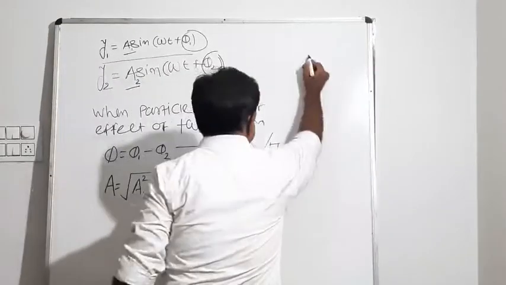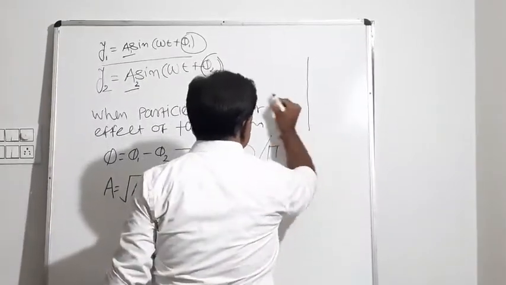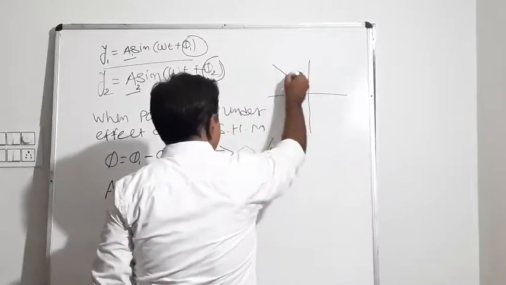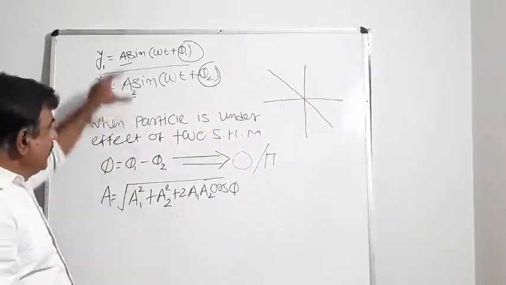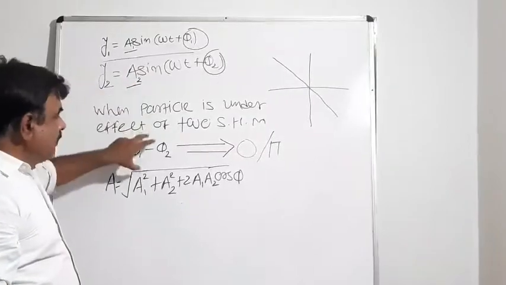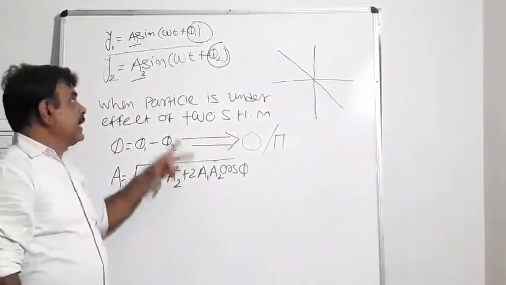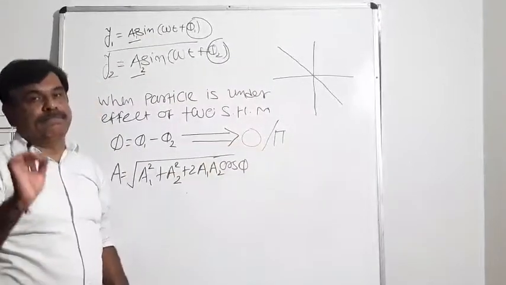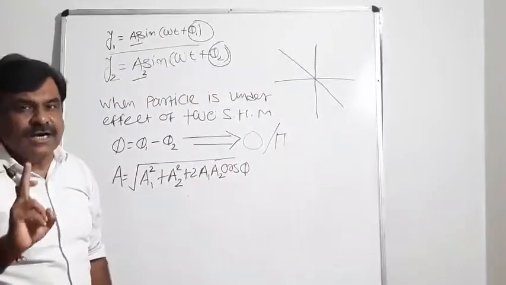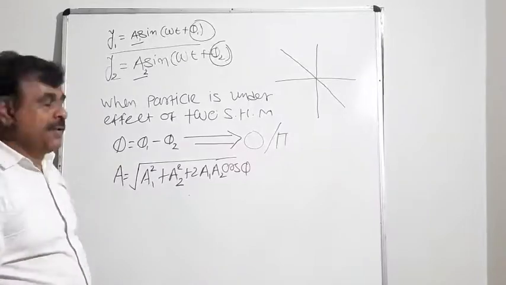Like one motion is along the x-axis and the other along y, if we represent in xy coordinates, then the trajectory or resultant path will be a straight line.